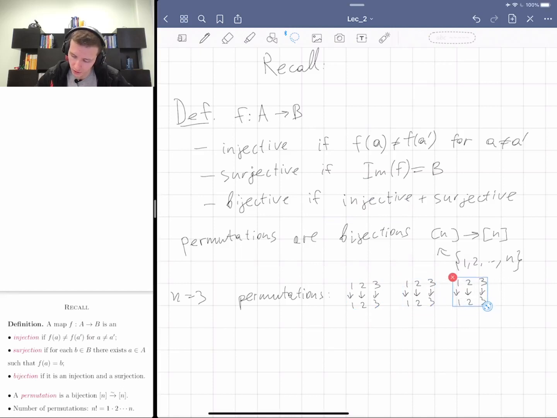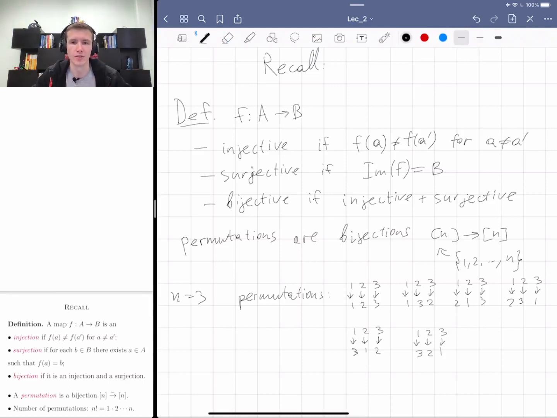Let's see if I can successfully draw the 6 permutations. 1, 2, 3; 1, 3, 2; 2, 1, 3; 2, 3, 1; 3, 1, 2; and 3, 2, 1.